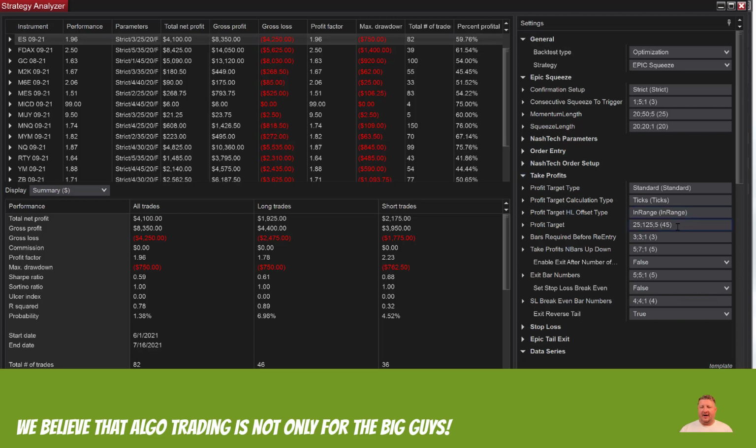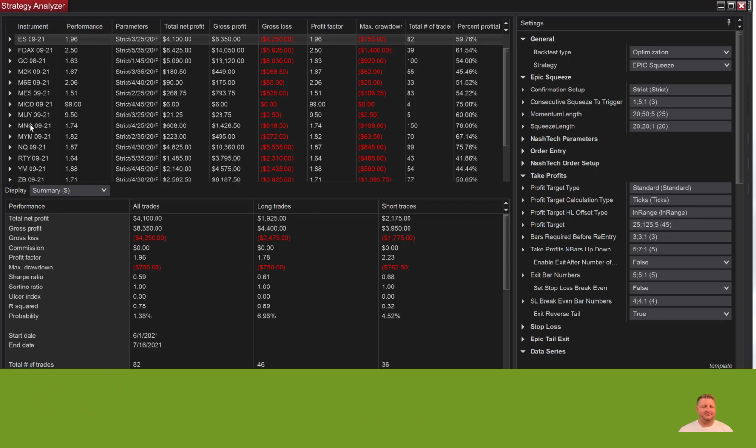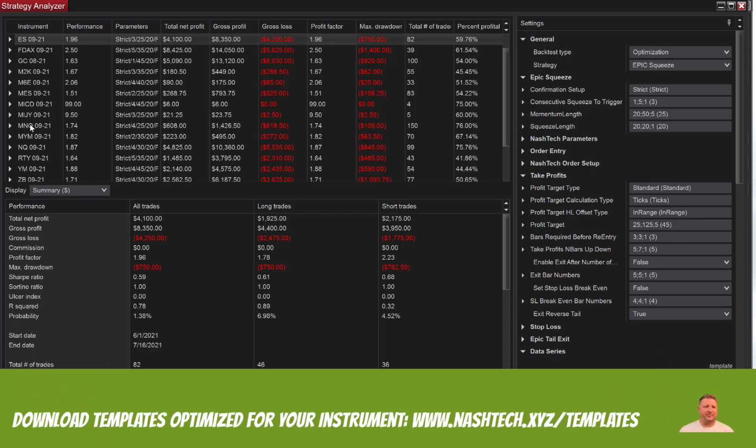Profit target of 45 is likely not the profit target for the MNQ. Let's just go to the MNQ real quick. Okay. Profit target on the MNQ was 25. Wow, it's actually quite surprising.